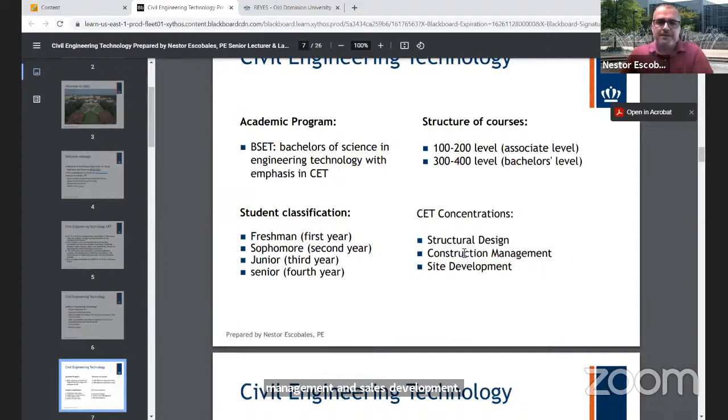So just briefly, a structural design or structural engineer is one that analyzes and designs the skeleton of the structure, what supports the structure vertically and laterally. That has nothing to do with how the building looks or where the building is located.